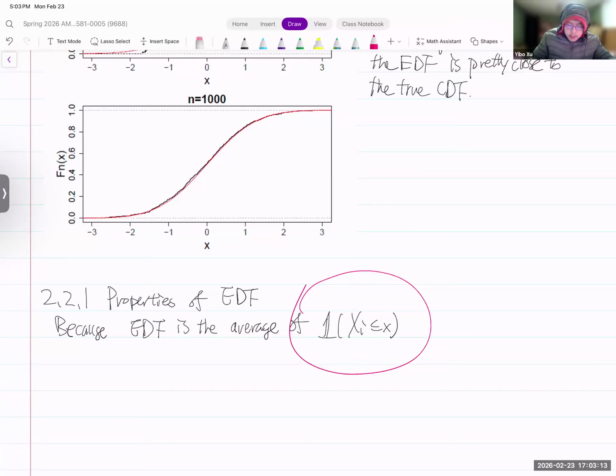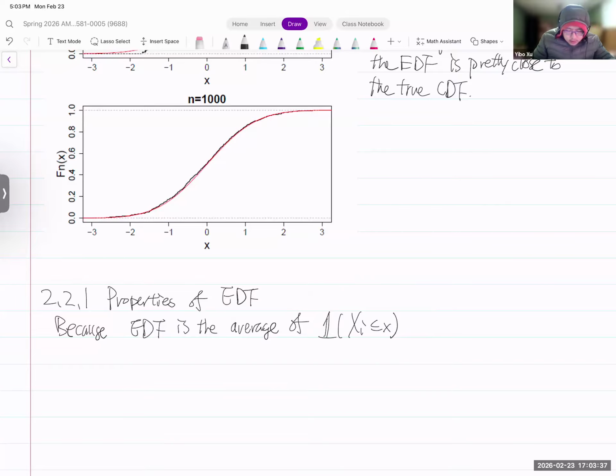Remember, each Xi is a random sample, or you can say a random variable. The indicator is an outer function of this random variable, and it's of course a non-random function. Here we're taking the average of n of those, so that's a sample average.